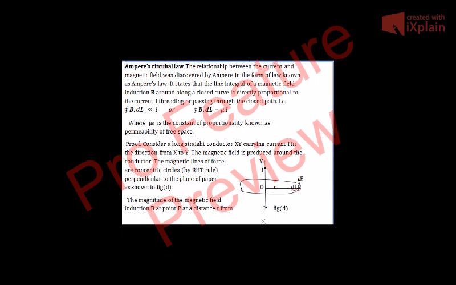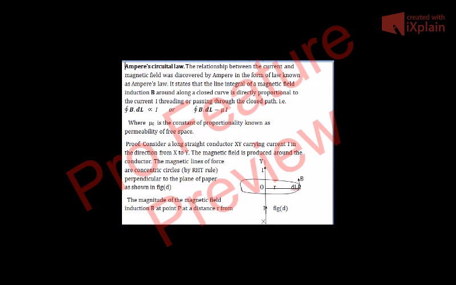That is, the integral of B dot dl is proportional to I. Since this line integral has been taken along a closed curve, we take the closed line integral. So it is directly proportional to I.